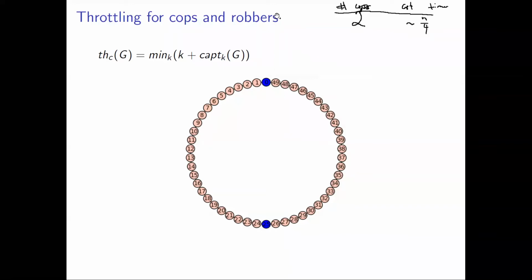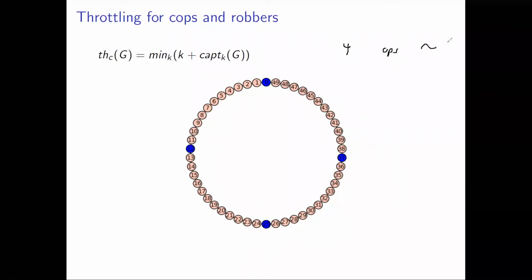And we can see that if we use 4 cops, then the capture time will be approximately n over 8. Let's see why that is. We have 4 cops, and we place them not just diametrically opposite, but approximately at 90 degrees from each other. If we think of the origin here, we're placing them where each of the axes intersects the circle.